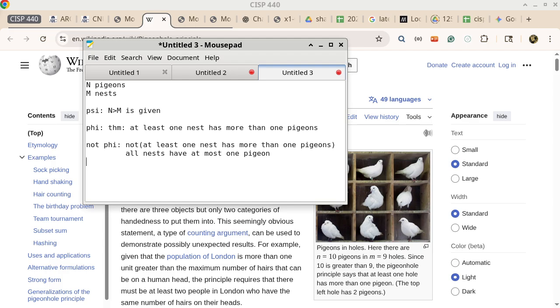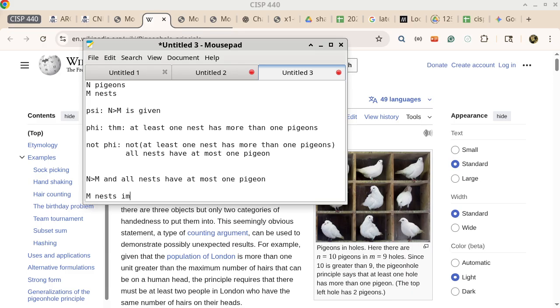So now we make a conjunction of psi, n is greater than m, because we need to rely on that, and all nests have at most one pigeon. And how many nests do we have? We have m nests, right?